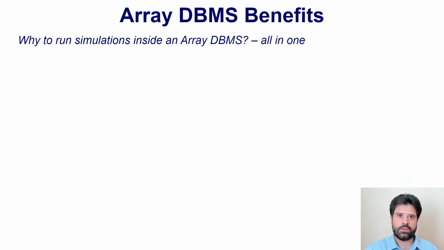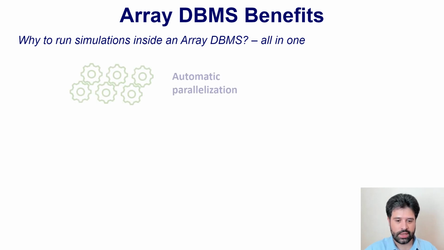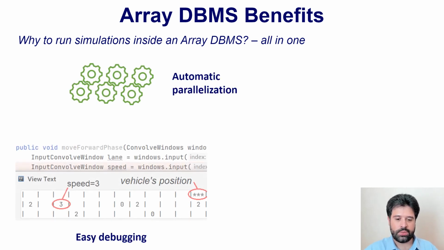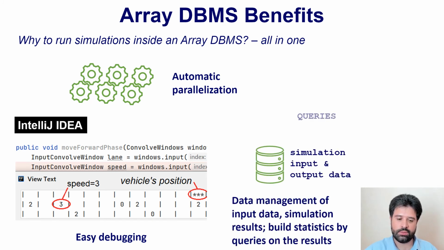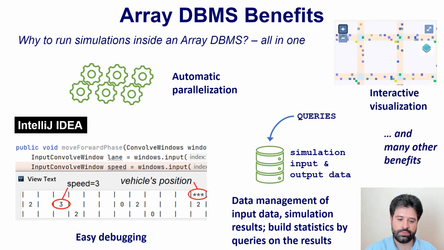A database approach to physical simulation brings numerous benefits. Let us take ChronosDB as an example. It enables automatic parallelization, easy debugging, DBMS-like data management, and interactive visualization, to name a few.